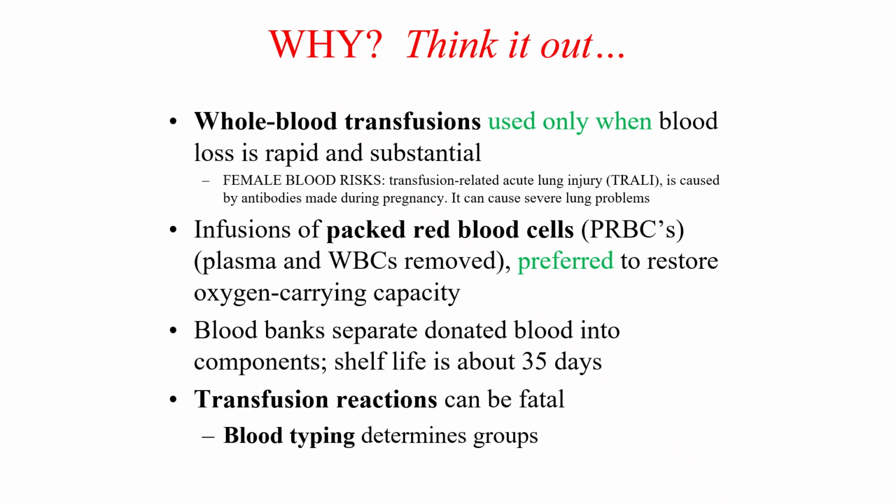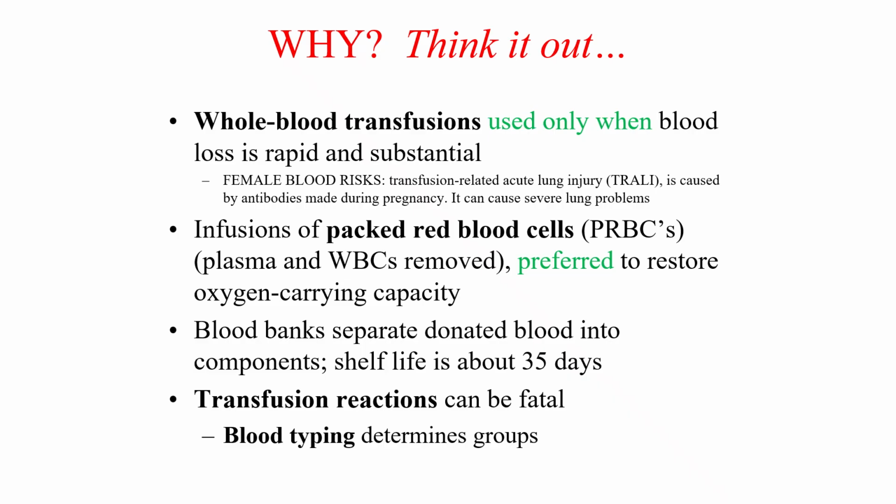One situation where we see an increased risk is a condition called TRALI, transfusion-related acute lung injury, and it's rare but serious, and it's caused by antibodies in donor plasma from women who were pregnant. So their body made these particular antibodies during pregnancy, and when whole blood is donated, everything is donated.